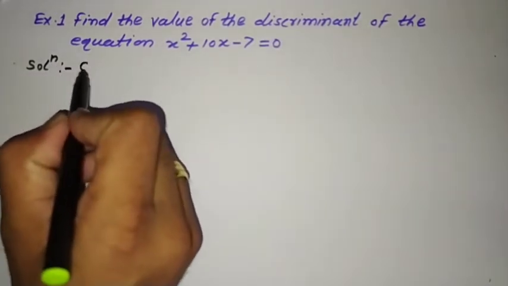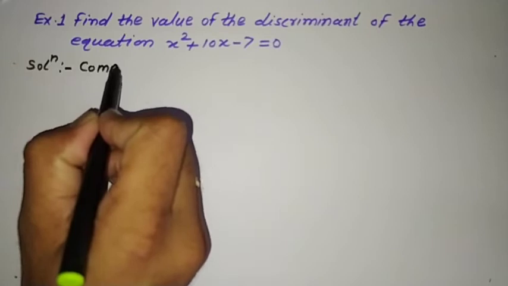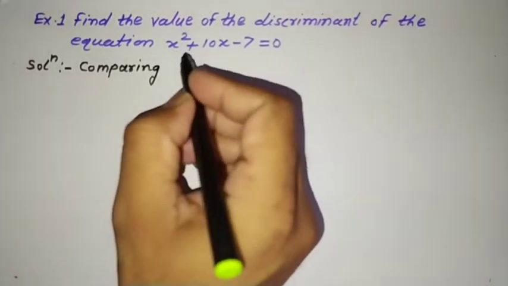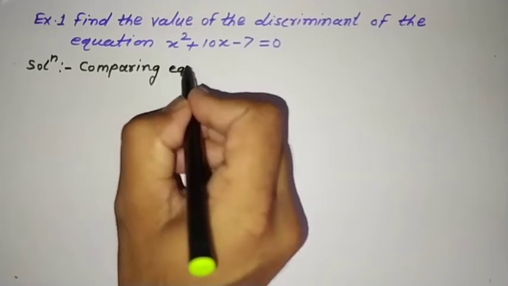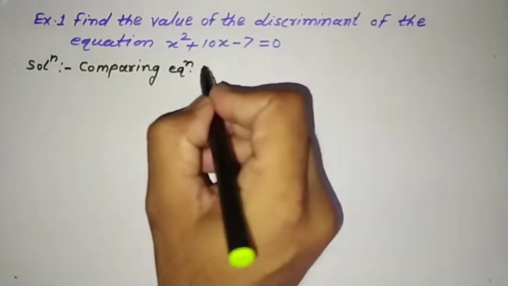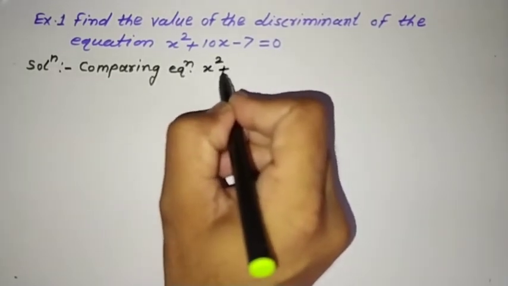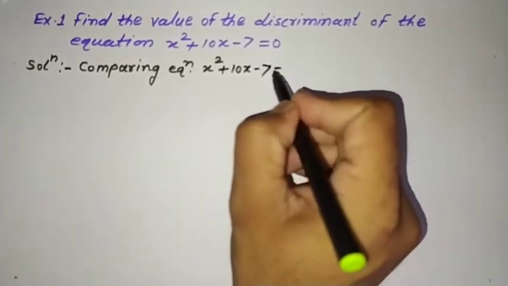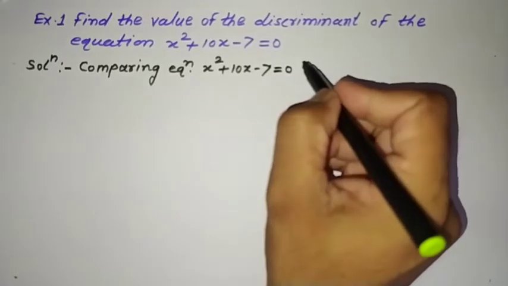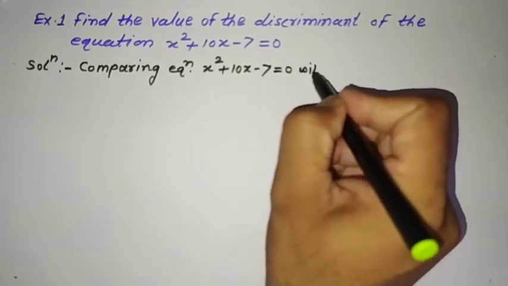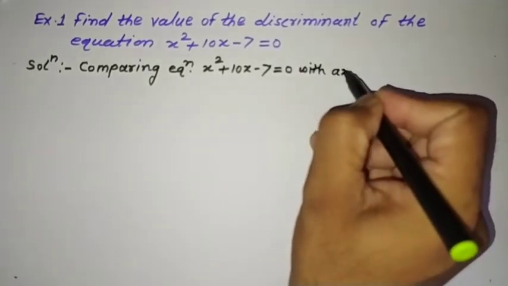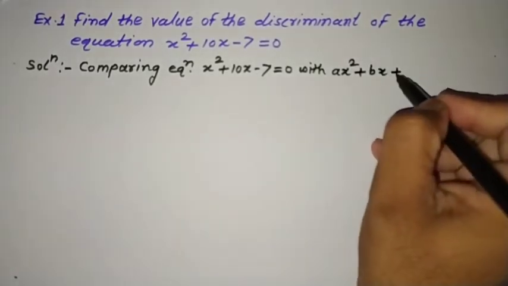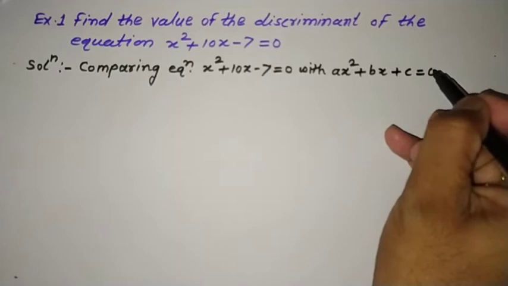First, comparing equation x square plus 10x minus 7 is equal to 0 with ax square plus bx plus c is equal to 0.